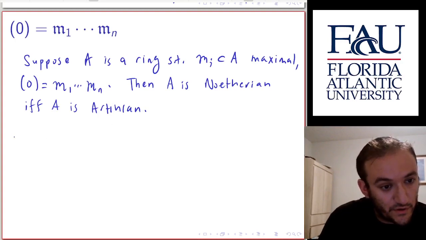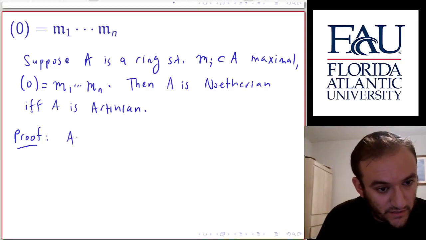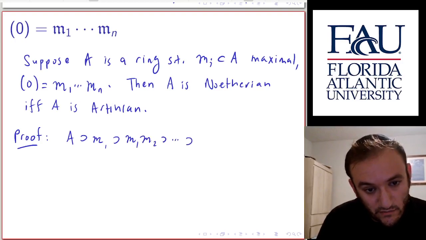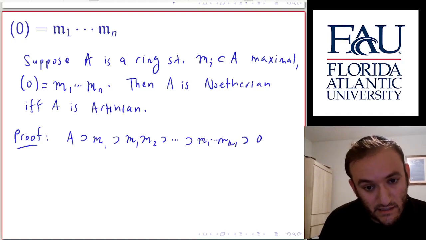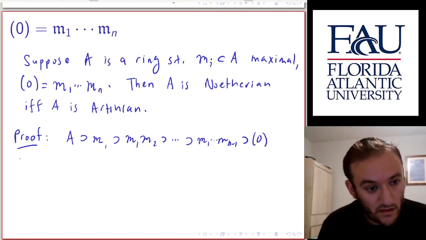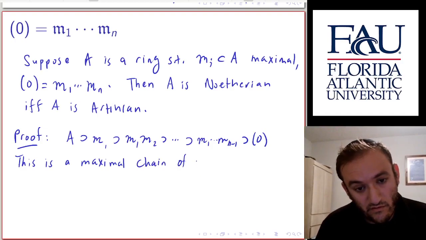It's as follows, so proof. So we have the following chain. So A contains M1, contains M1 M2, etc., down to M1 through Mn minus 1 contains 0. So this is a maximal chain of ideals.